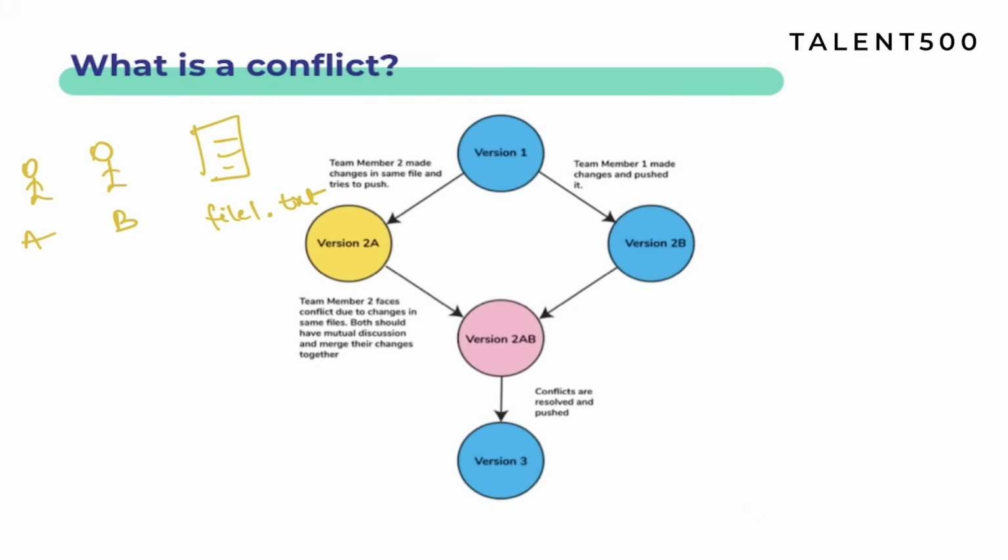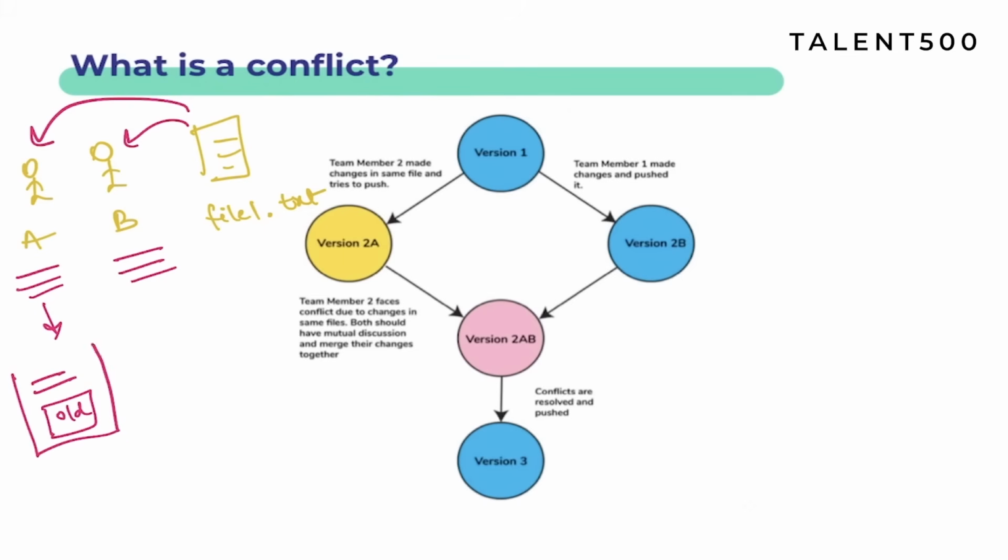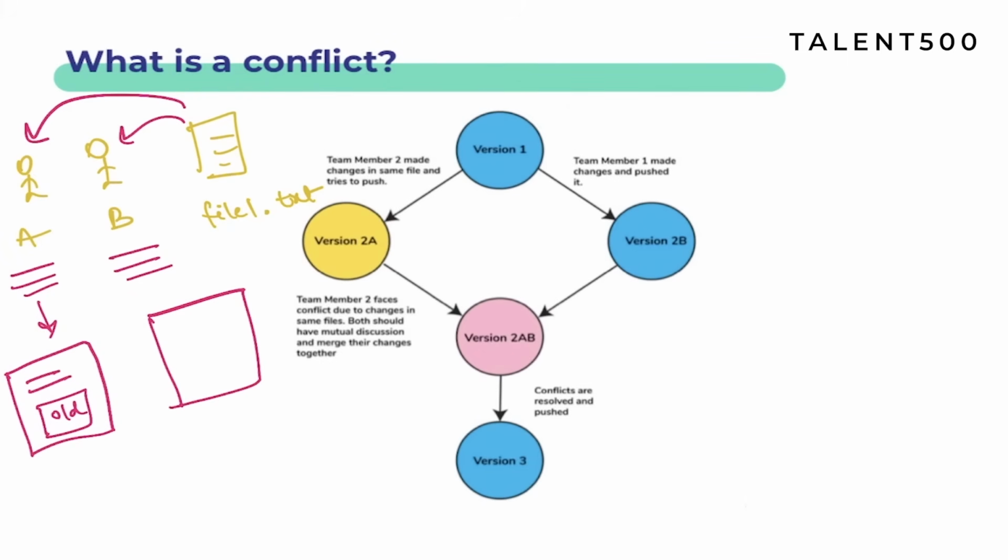Since they both have access to this file, this person can make changes, and this person can make changes. Now let us say person A has added 2 lines in the beginning, and then we have our old data. Now this person has the old data, and at the bottom he has added certain lines.